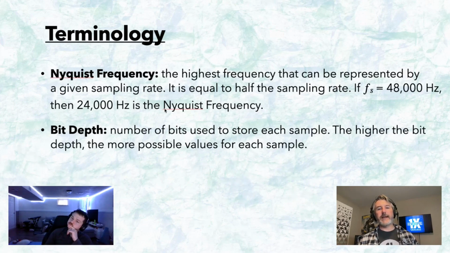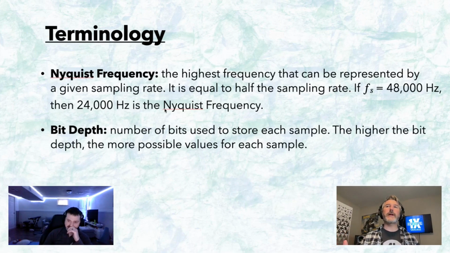But the idea is that the higher the bit depth, the more possible values you have for each sample. When the analog waveform is being sampled, it samples the continuous waveform and tries to find the closest value that it can represent digitally. The more possible values you have, the more accurately the sound is going to be represented. Does that make sense? Okay.